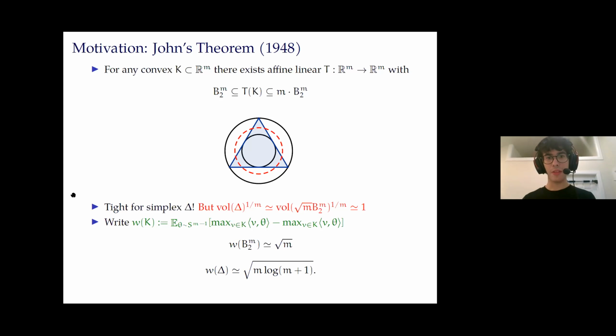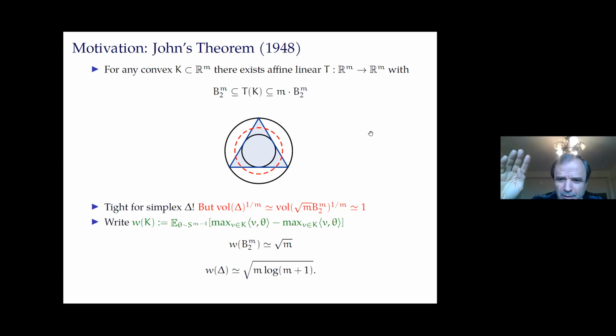For the simplex, since it has these three vertices, it's going to be a little bit bigger. Actually, it's by a factor of square root log m on average. I'm hiding constants whenever I write these equalities. The dimension of K is m, and I'm always assuming that the bodies here are full dimensional.